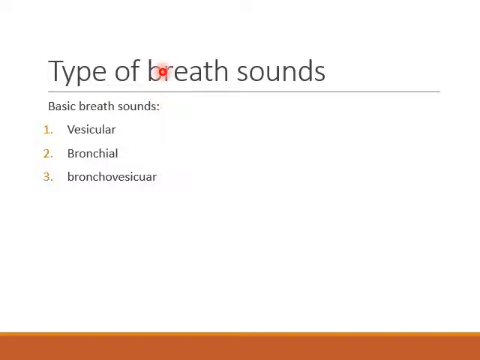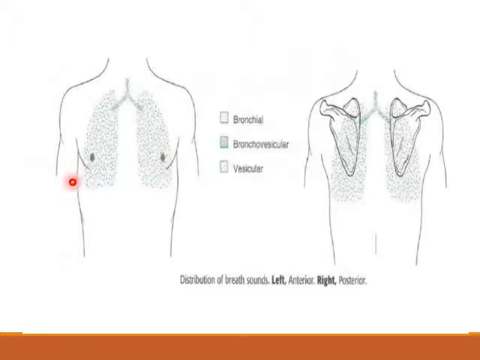Types of breath sounds: we have basic breath sounds, adventitious sounds, and vocal resonance. Basic breath sounds have three types: vesicular, bronchial, and bronchovesicular. This slide shows the normal: you will normally hear the bronchial breath sound in the neck down to the manubrium sterni, and in the back down to the second thoracic spine.